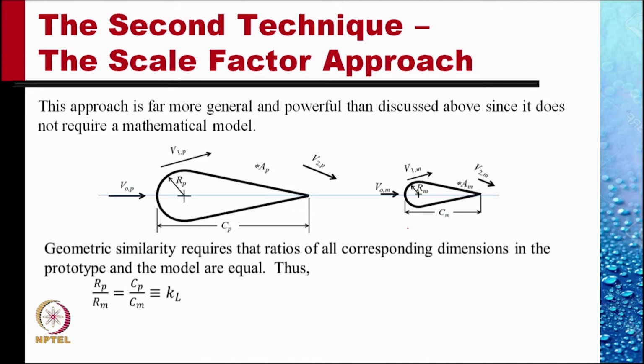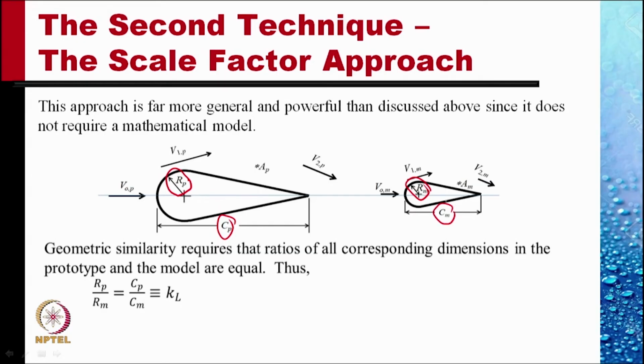Thus, the ratio of the radius of the nose in the prototype to the radius of the nose in the model is the same as the ratio of the chord of the prototype to the chord of the model.